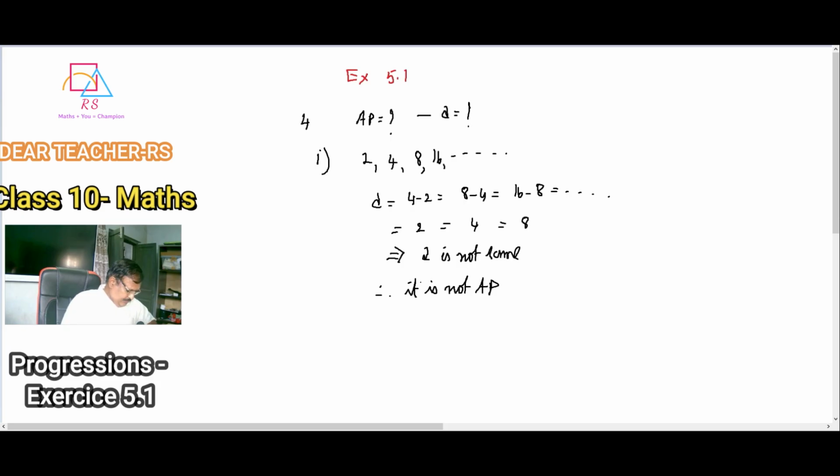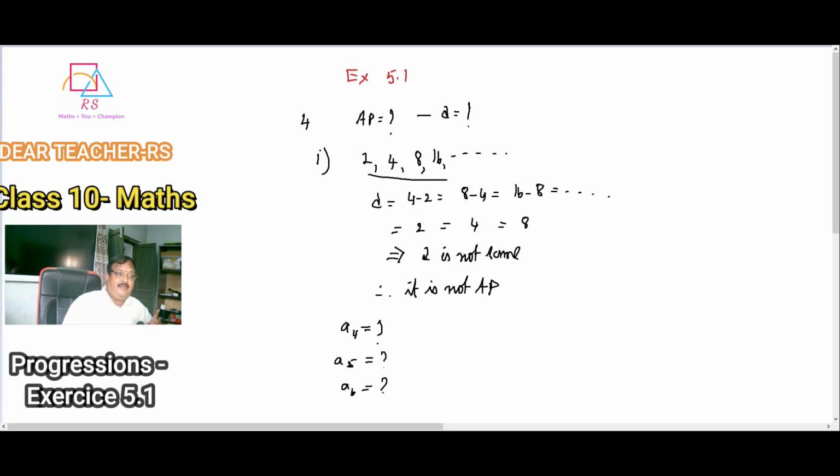So, if it is AP, you have to find out D. D will automatically come. And the next 3 more terms. That means if 4 terms are there, you have to find out A5, A6 and A7. 3 terms you have to find out.